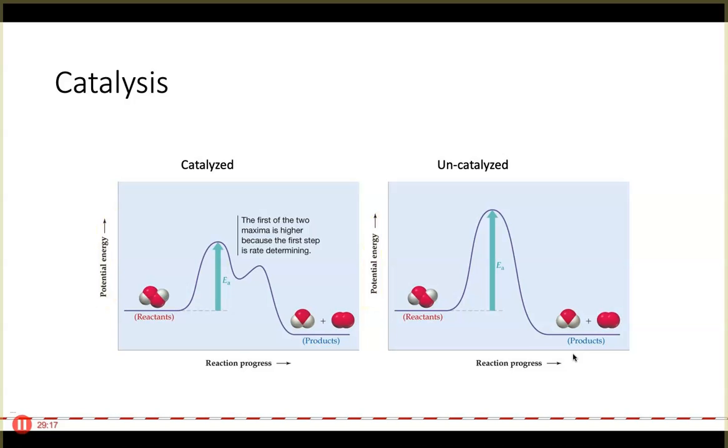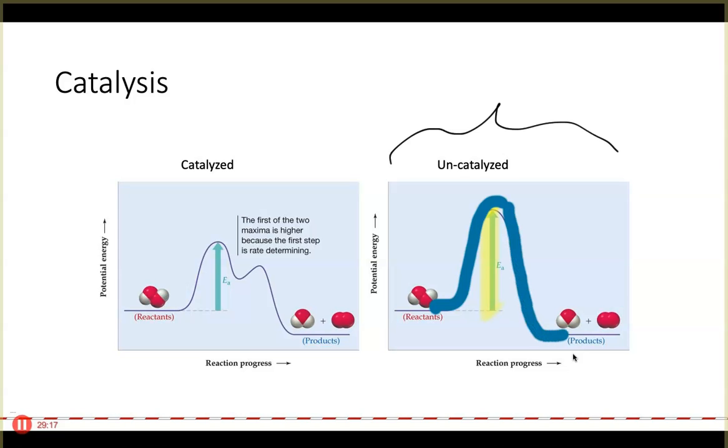What we see here is our H2O2, hydrogen peroxide, that will break down into water and oxygen gas. I'm actually going to start on the right side. Over here, the uncatalyzed reaction, we see there's a single step with its activation energy. The reactants have to have enough energy to get up and over this curve, and then when it falls back down to a lower energy, our products are created.